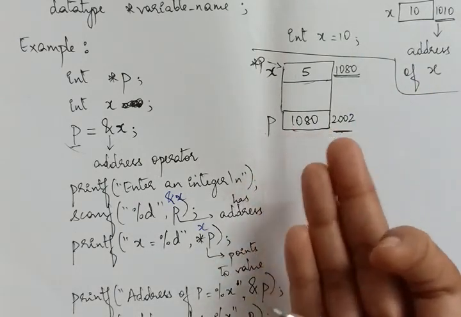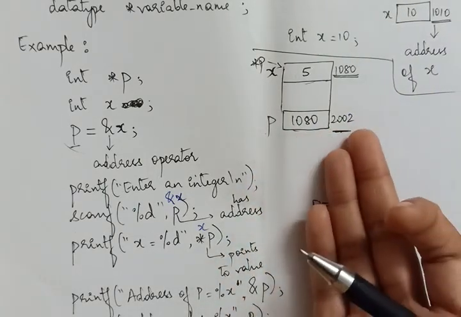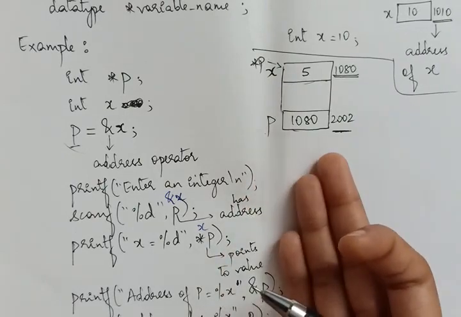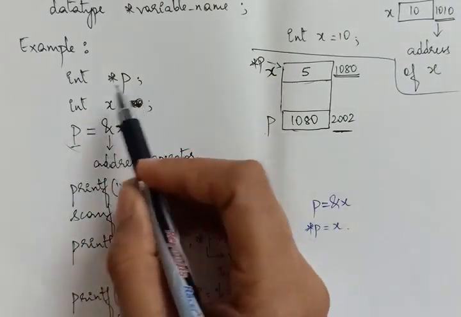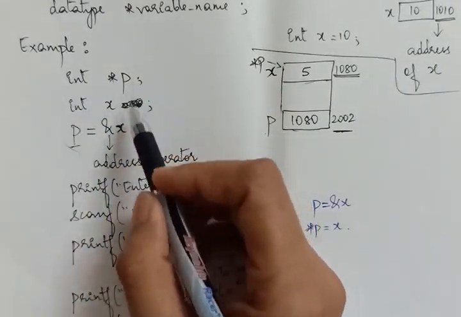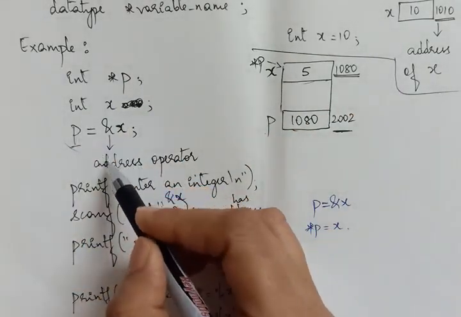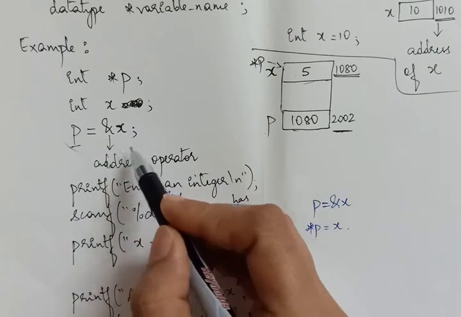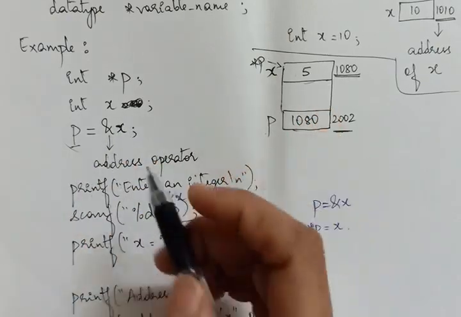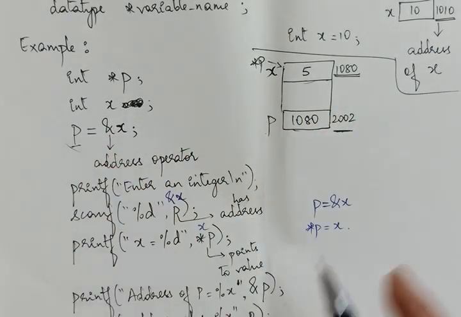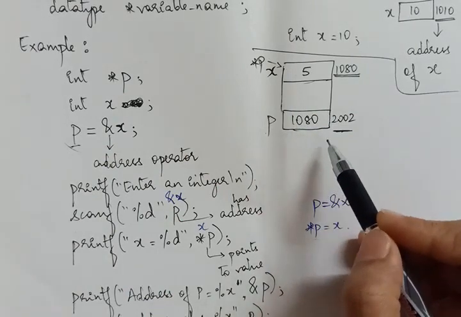So pointer does have its own address when it is being declared. So we declare it this way with data type and the variable name prefixed with asterisk, and you assign the address of another existing variable to a pointer, such that the address gets stored in its location.